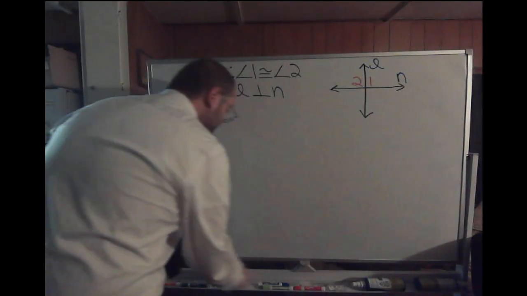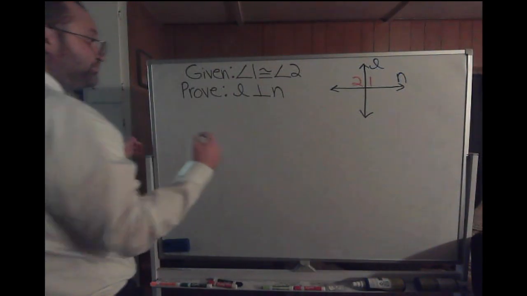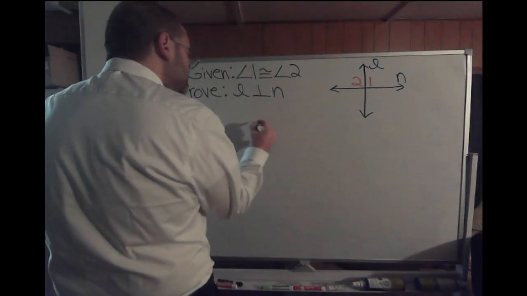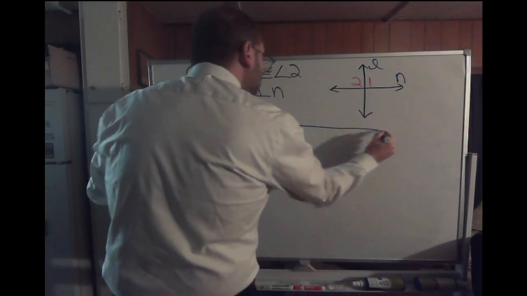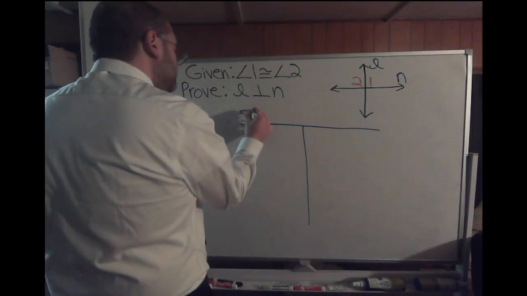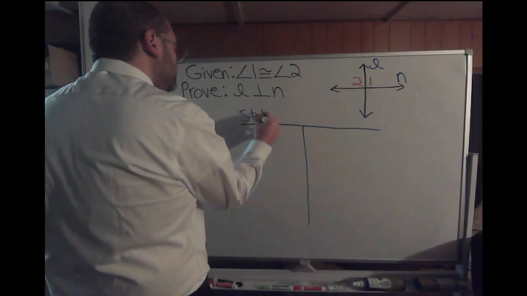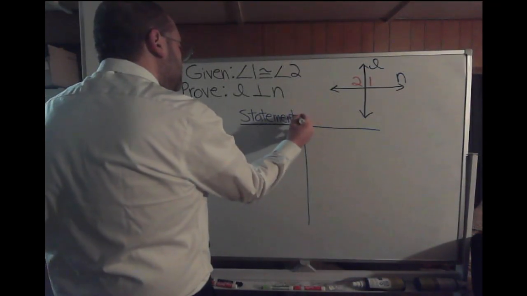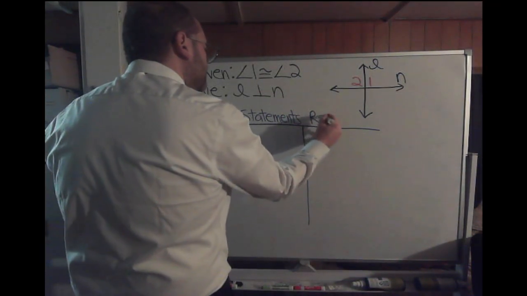So let's go ahead and set up our proof. Alright, so let's form our columns here. Let's see, put our statements here on the left. We'll do our reasons on the right.